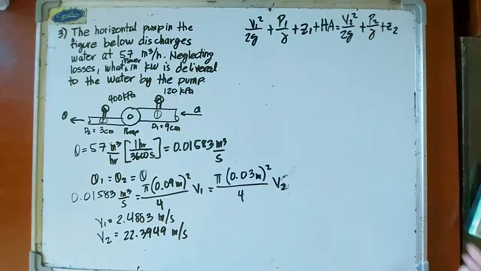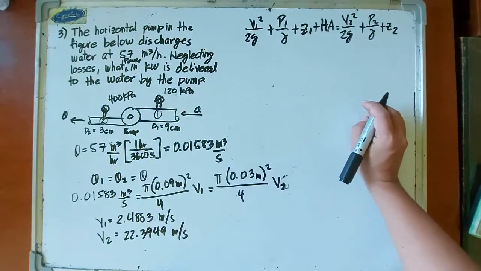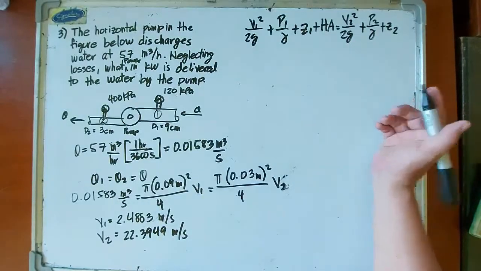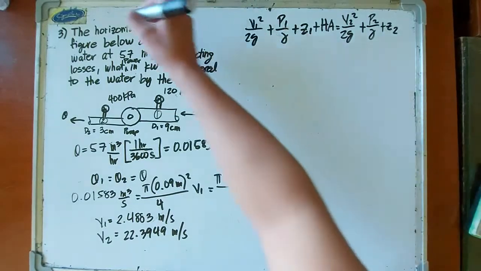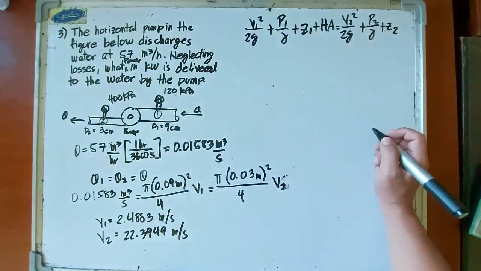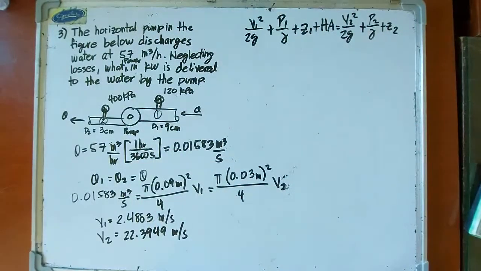The problem told us to neglect any loss of energy dun sa system. So we are not going to add head loss at the right side of the equation. And we also can observe from the figure, so the problem tells us that the system is horizontal. That means that points 1 and 2 have the same elevation.